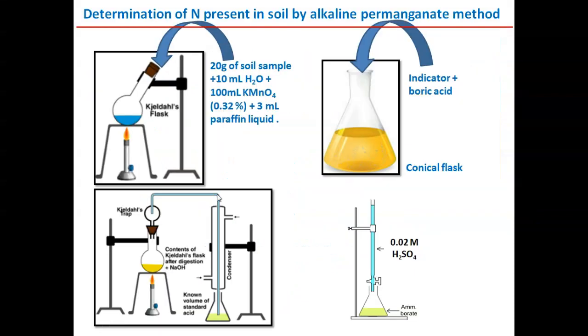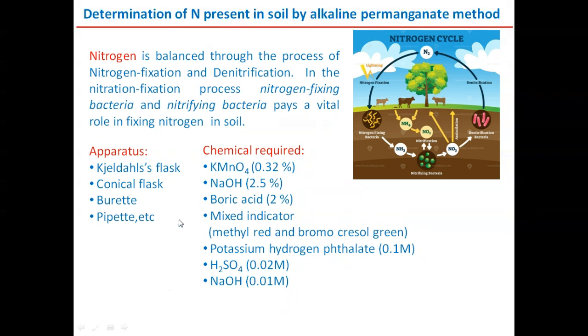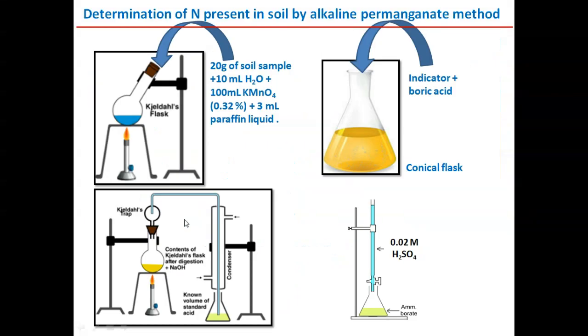As we have seen here the Kjeldahl's flask, and we will see a little bit about the apparatus part. See here, this is a Kjeldahl's flask, so this is required, and this is the conical flask, and here is a Kjeldahl's setup, by which we can determine the nitrogen present in the soil, and this is the titration setup as we know well.